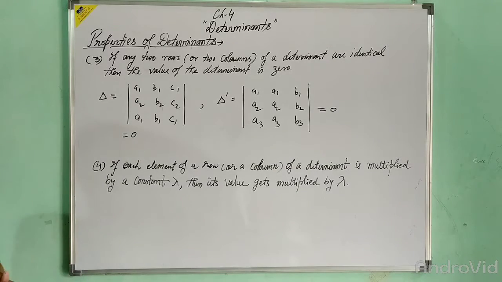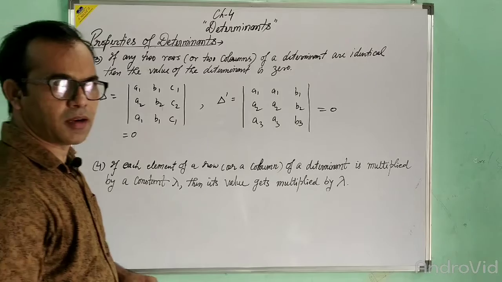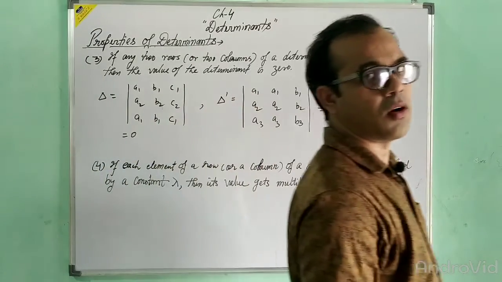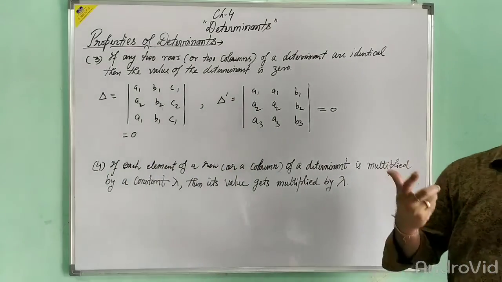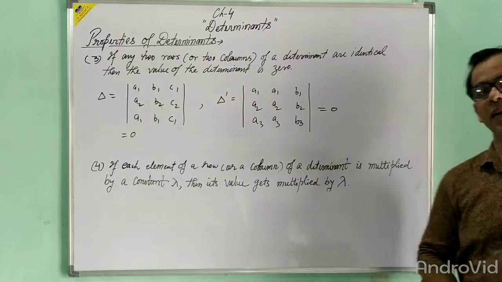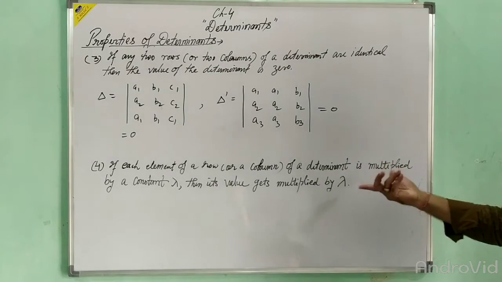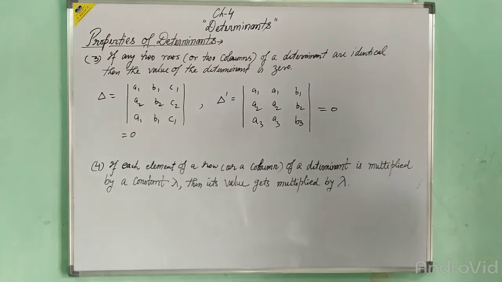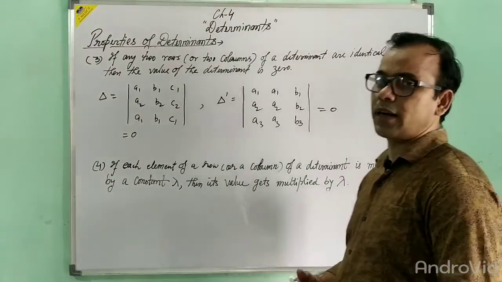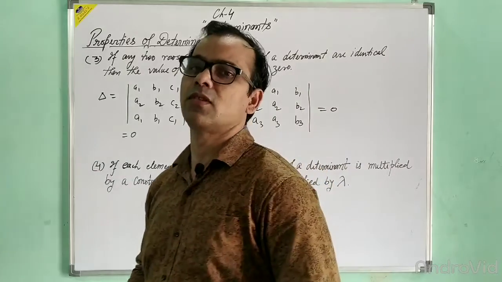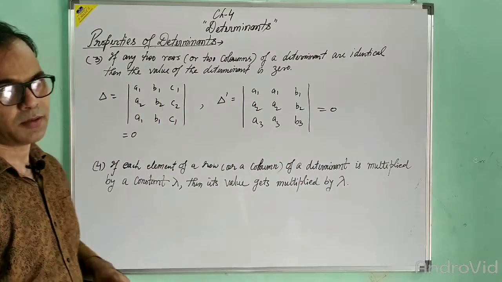Okay, now the fourth property, if each element of a row or column of the given determinant is multiplied by a constant lambda, then the new determinant that you are getting will be lambda times the original determinant.